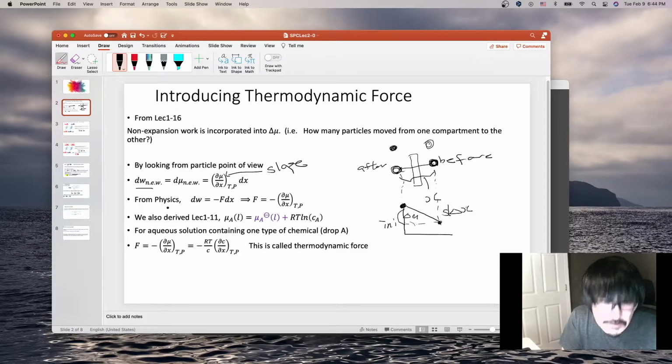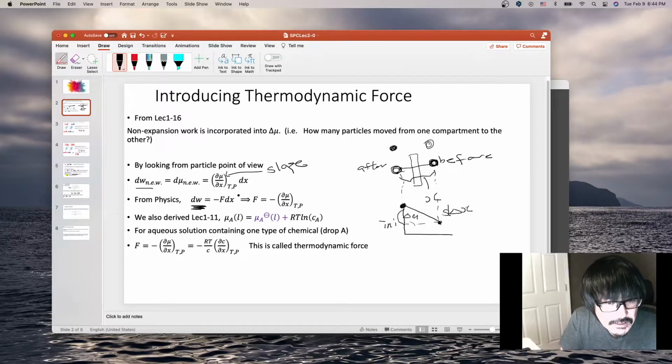And similarly, from basic physics, the work is equal to the force multiplied by the distance traveled. That's the basic definition of work. So work is equal to force multiplied by the distance traveled. Okay?